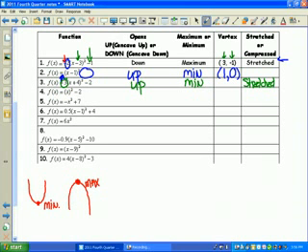And now what's my vertex? Inside this parenthesis, I have a plus 4. That means I had to move 4 units to the left. So that will make it a negative 4. And then I had to go down 2 units. So it'll be a negative 2. So my vertex is negative 4, negative 2.